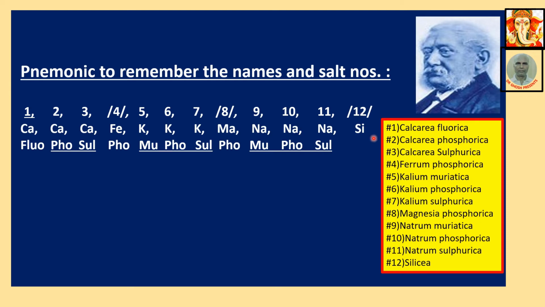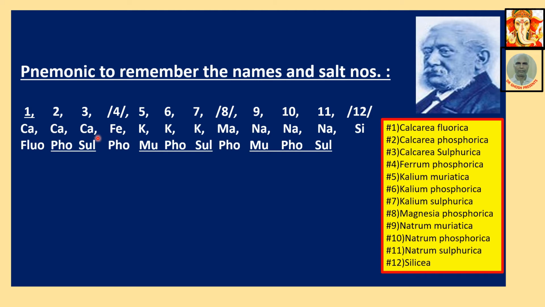So every salt has two portions, cationic portion and anionic portion. The cationic portion: Ca, Ca, Ca, Fe. Mind it, I am going by the finger. 1, 2, 3, 4: Ca, Ca, Ca, Fe. 5, 6, 7, 8: K, K, K, Mg. 9, 10, 11, 12: Na, Na, Na, Si.